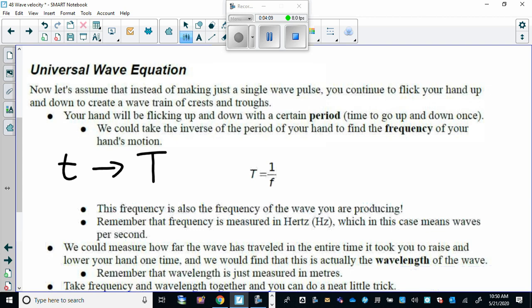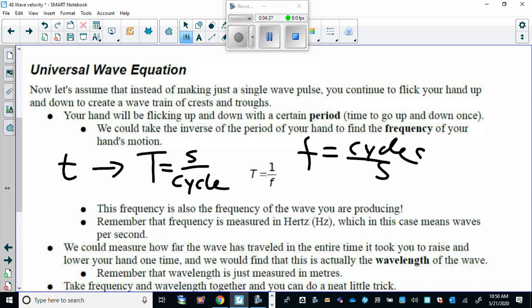And frequency is the inverse of period. Period is seconds per cycle. How many seconds does it take to do one cycle? And frequency is cycles per second. How many cycles is it doing in one second? So they're inverses of one another.